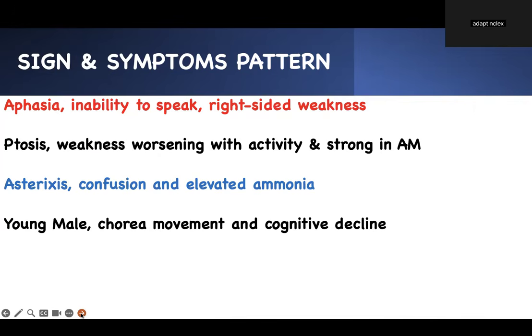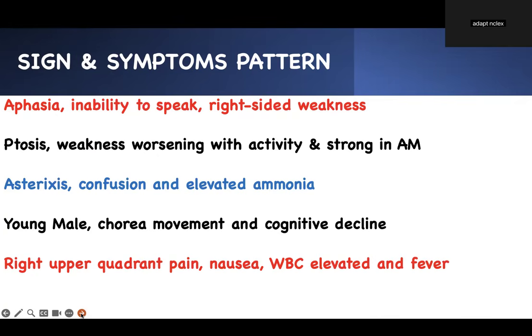I have a young male. He has what? Chorea movement. He's moving like a snake and cognitive decline. This is what they will put in the first 2 sentences of the case study. That's your buzzword. That's your diagnosis. That's your signs and symptoms pattern. Right upper quadrant pain. I have nausea. I have what? Fever.